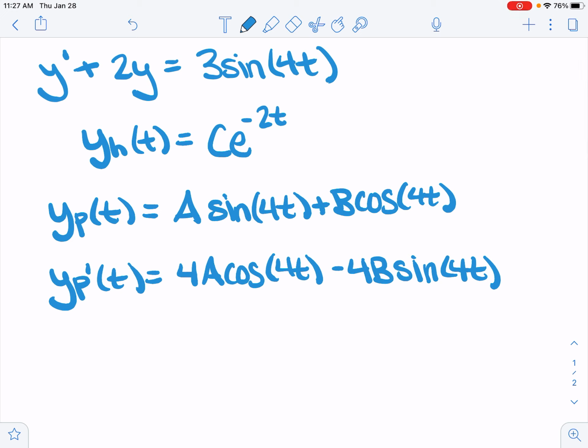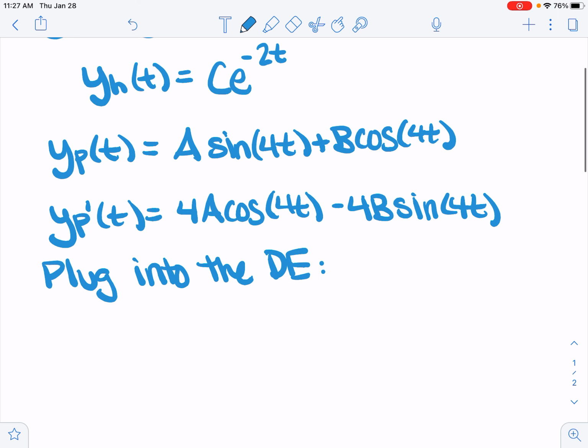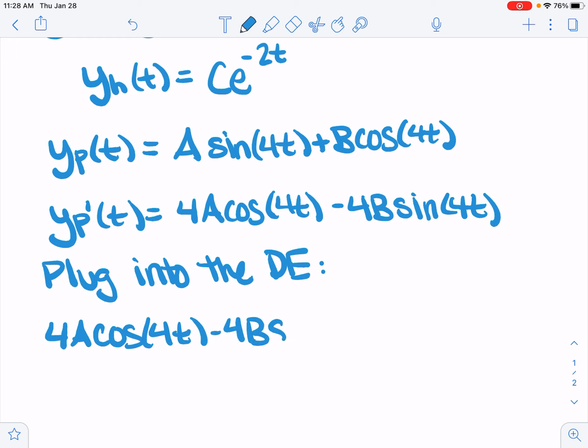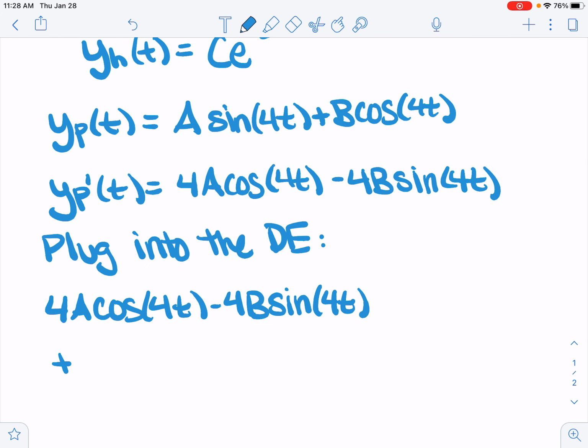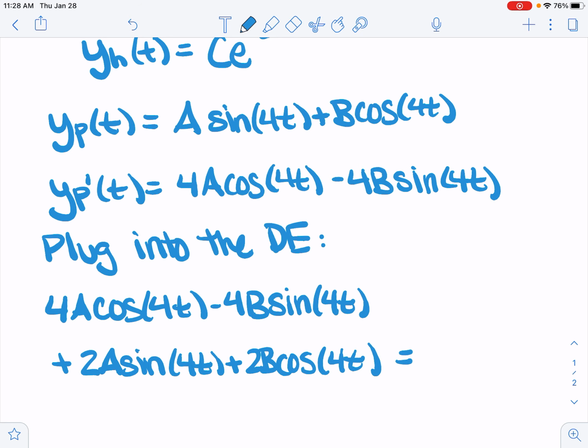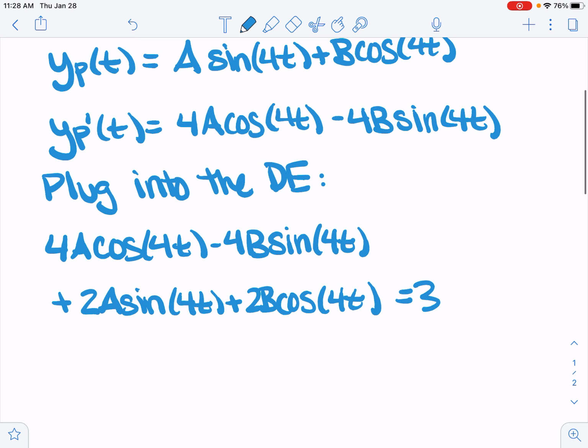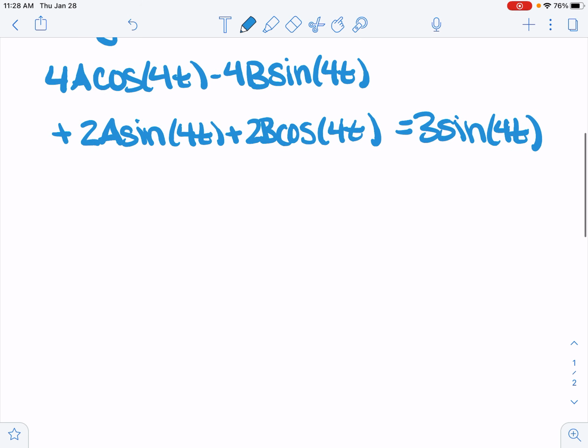And let's see, so plug into the differential equation, and we have y prime, so that's 4A cosine 4t minus 4B sine of 4t plus 2y, so plus 2A sine of 4t plus 2B cosine of 4t equals 3 sine of 4t. All right, so that is what we get.